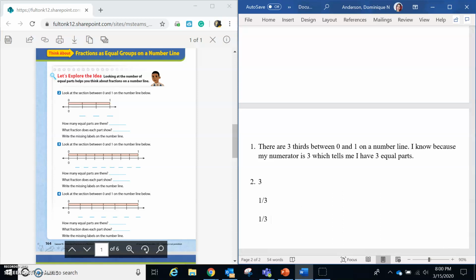Then I'm at 1/3, then I go again, and now I'm at 2/3. So 1/3, 2/3, the next one would be 3/3. Excellent. Go ahead and do 3 and 4 on your own. Pause the video for more time.